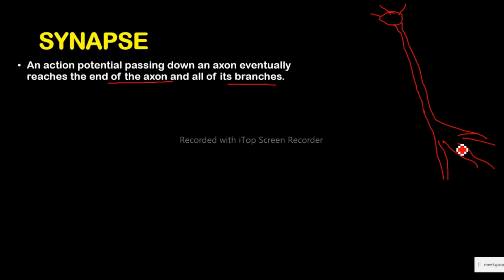Now the action potential that is traveling through this axon, it will move until it reaches the very end, and it must be transmitted to another axon, maybe that is a dendrite, then the cell body, and then finally transmitted to another neuron. So this point of connection is what we call a synapse.